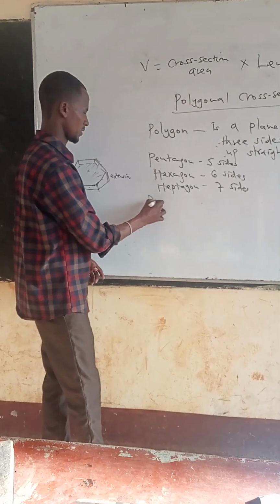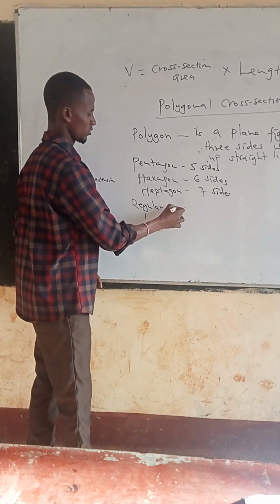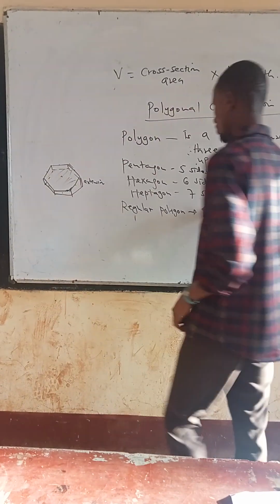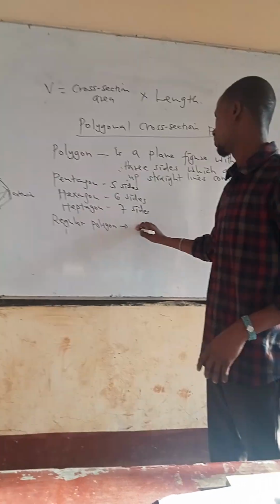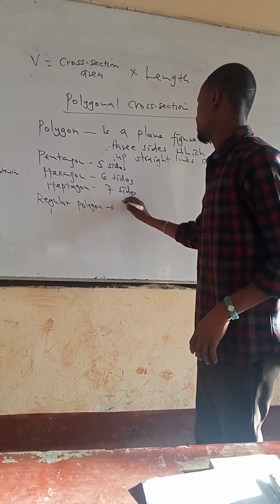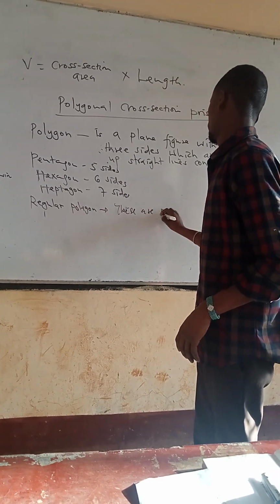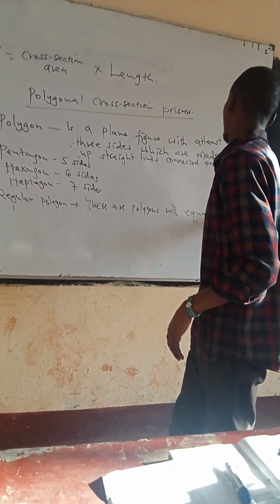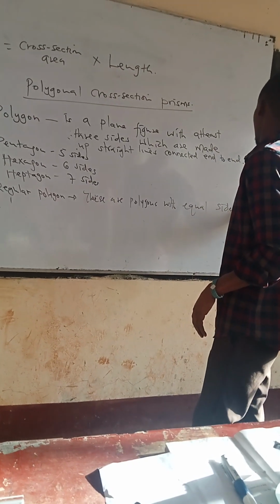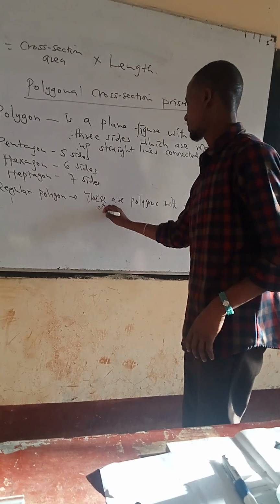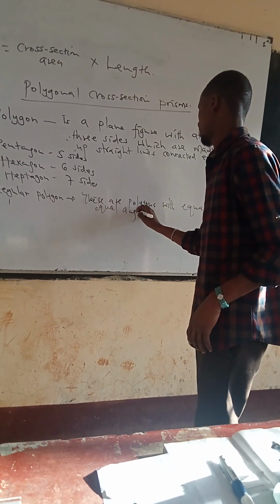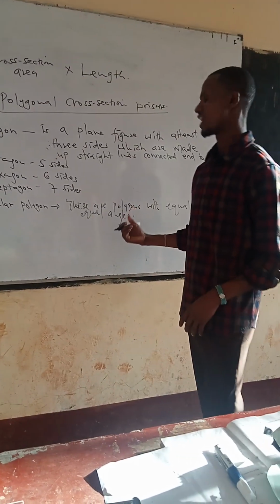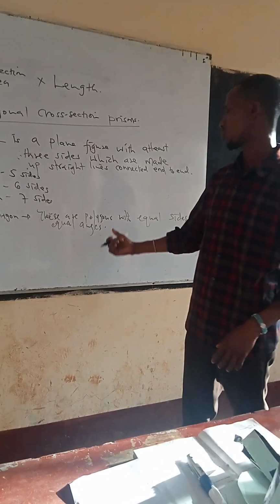Regular polygons are polygons with equal sides and equal angles.